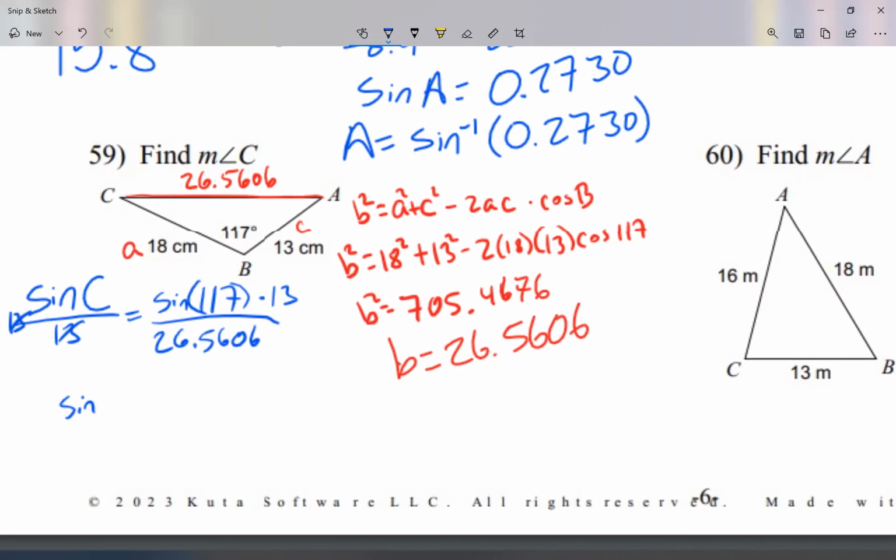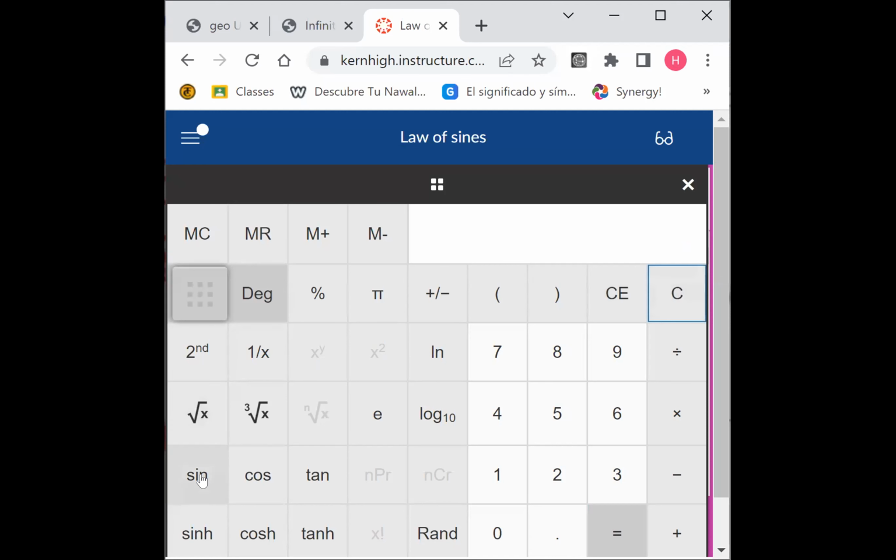So sine of angle C is sine of 117 times 13 divided by 26.5606. Don't forget to close your parentheses. So 0.4361.